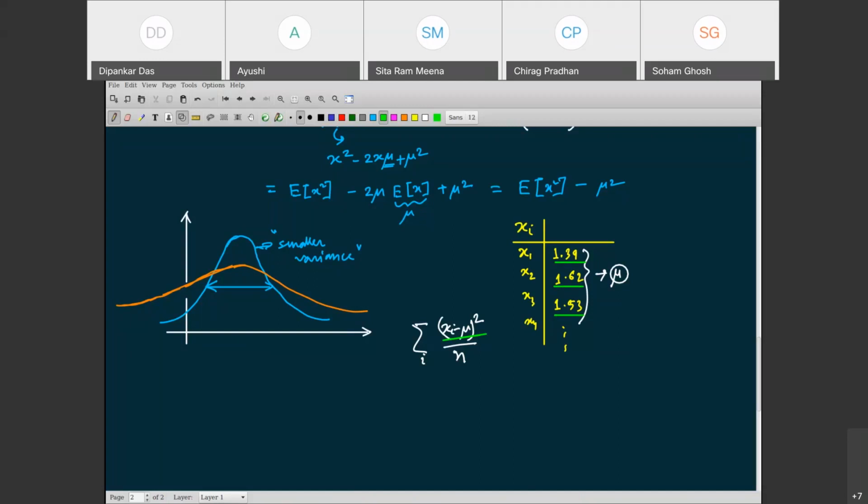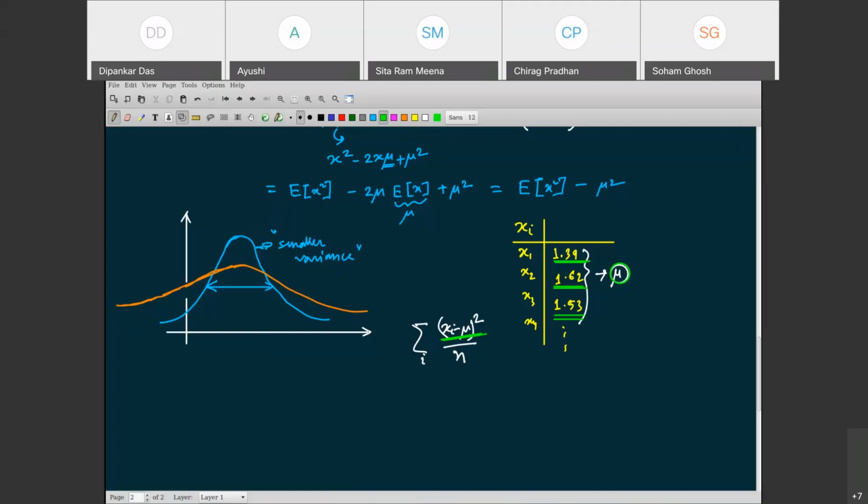The more scattered these values are, if the values are all over the place, then you will have a lot of spread around this mu. The square senses only the difference, not whether you are below mu or above mu. So that square will reflect the error, the randomness you have in your measurement.